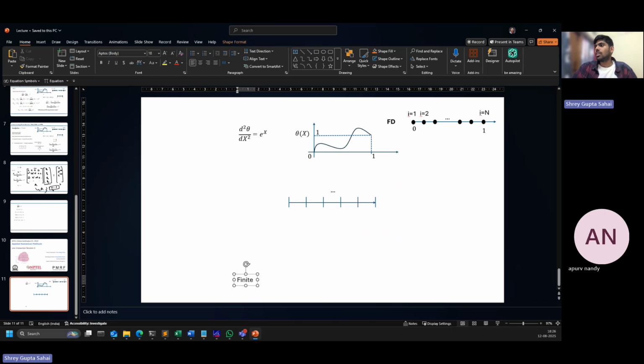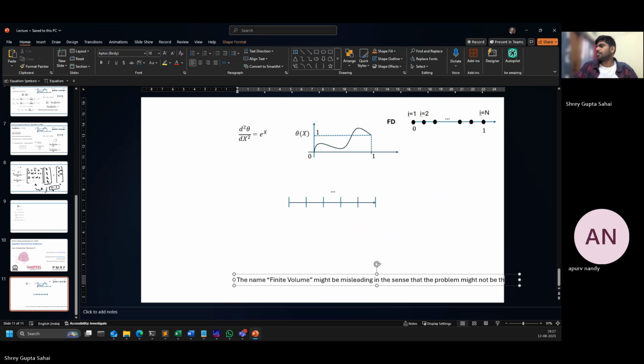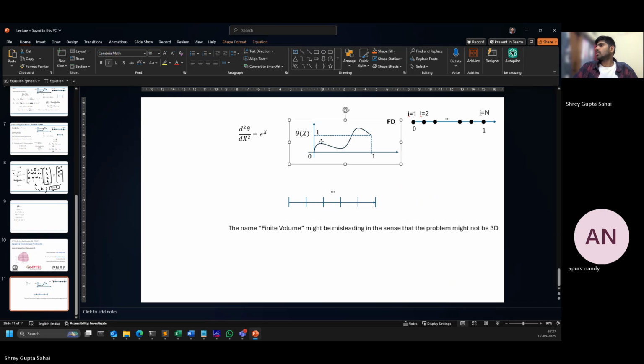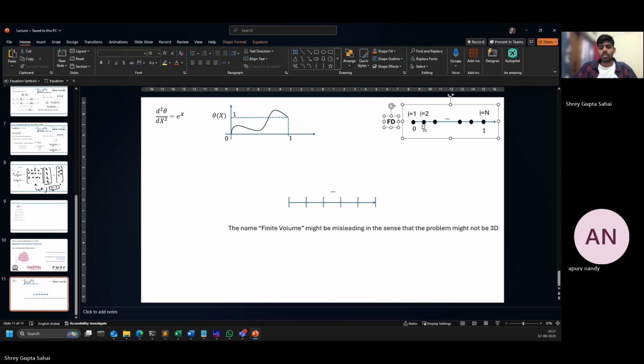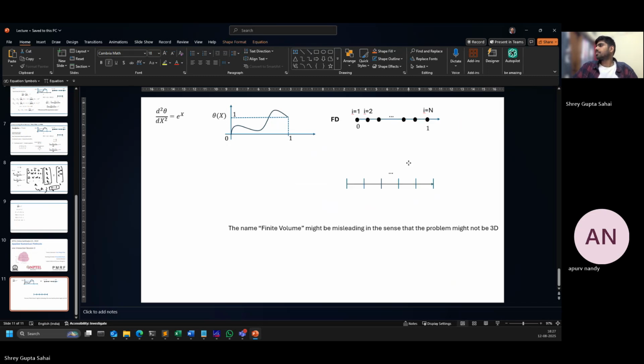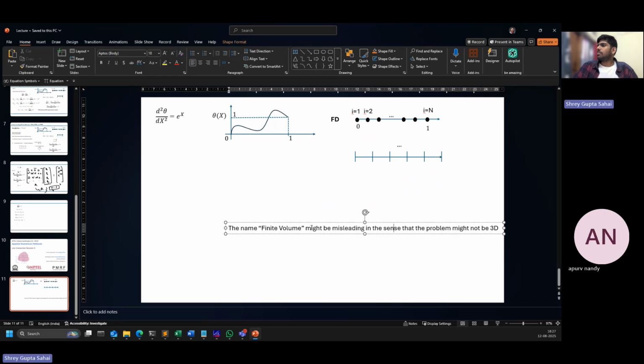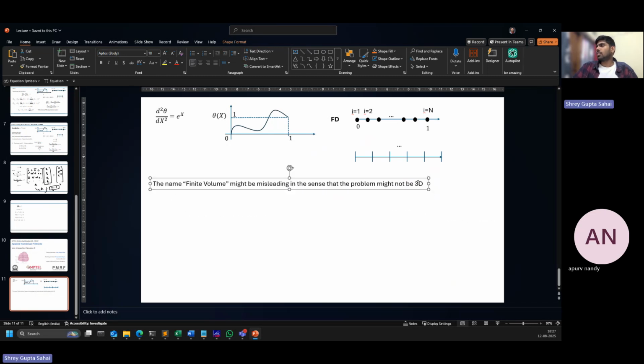So the name finite volume method might be misleading in the sense that it might not be 3D.